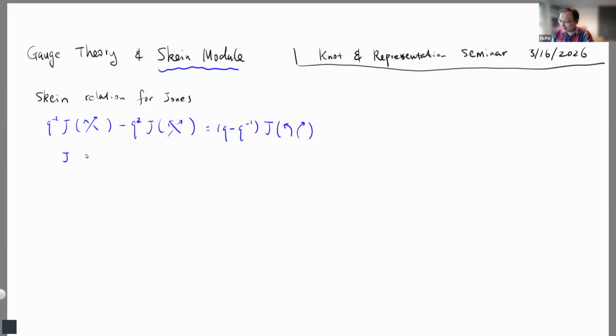another relation give a quick way to compute the Jones polynomial of any link in R3. So if I have any link, by applying these rules, I can find its Jones polynomial.